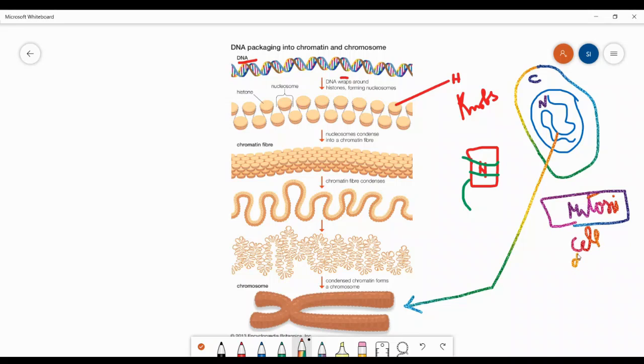Cell division takes place. Cell division is the process by which the body increases the number of cells.